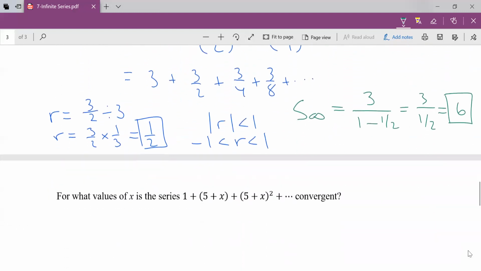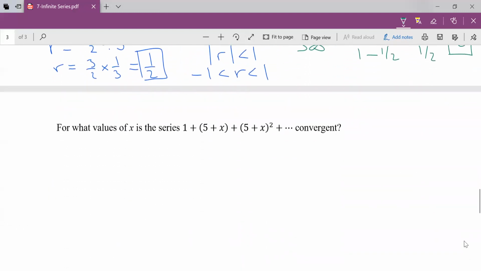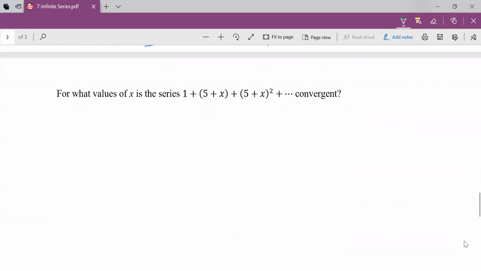Okay, one last question, and we are done. For what values of x is the following series convergent? Okay, so it's geometric. It has to be. So I'm noticing my ratio is I'm multiplying each time by 5 plus x.